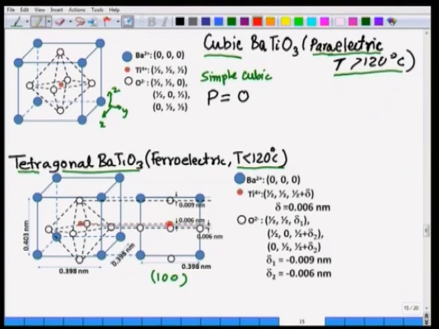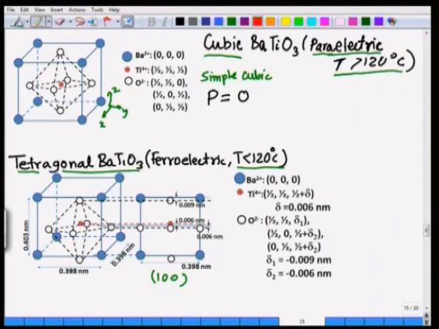So, somewhere the net positive charge will be above this blue line, whereas if you look at the oxygen cage right here, the net negative charge would now be slightly below the blue line. Therefore, the center of positive charge and the center of negative charge are not going to be coincident on top of each other.